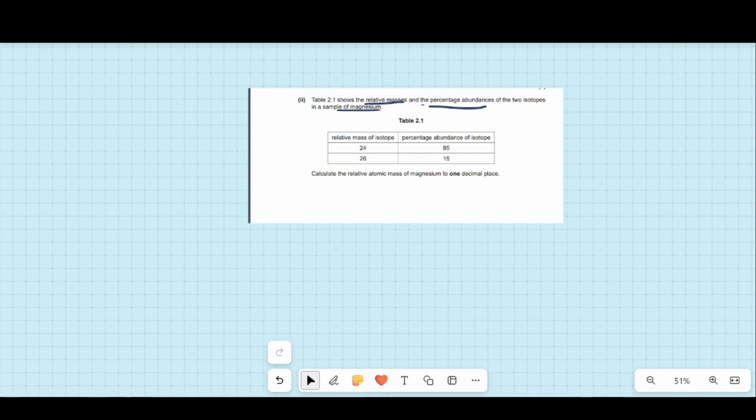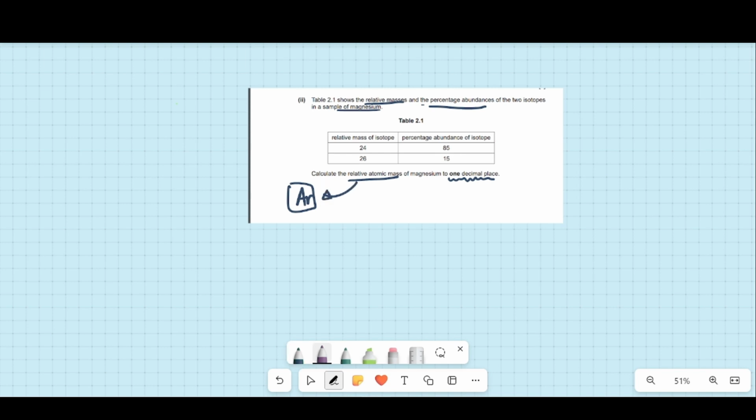They didn't tell us the atomic number, but if you want to calculate relative atomic mass, the symbol is A, capital A, small r, and they're telling us to 1 decimal place. You always have to read the instructions so that you know exactly what they want from you in order to get full marks. So here they're asking for 1 decimal place. You need to follow that.